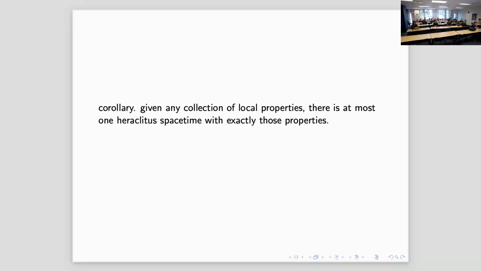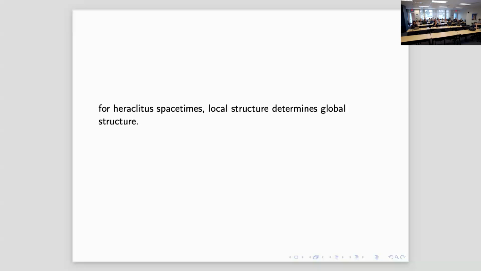All right, and a corollary here is that given any collection of local properties, there's going to be at most one Heraclitus spacetime with those local properties. So you could describe the situation as, for Heraclitus spacetimes at least, local structure determines global structure.